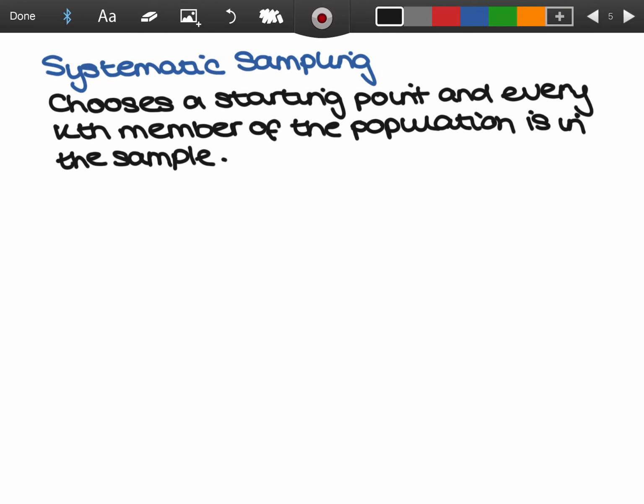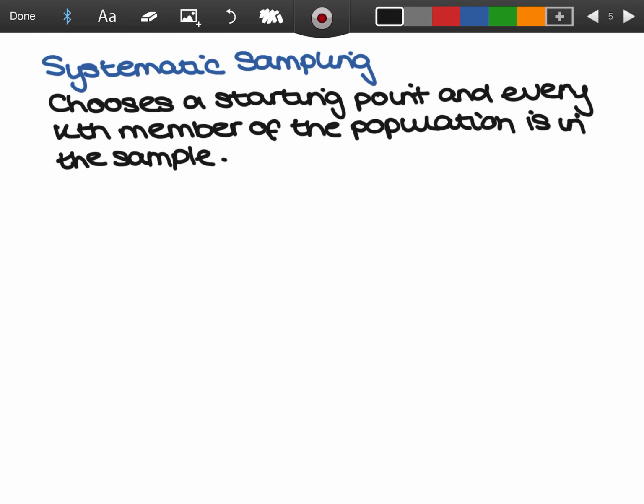Your only issue is that there can be some occasions where you have to be very careful using it. For example, if you're looking at a store and their daily sales, you don't want to say, okay, I'm going to take a year's worth of sales and a sample of every 7th day to see on average what your sales were.